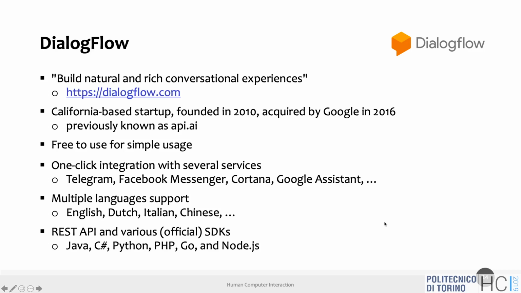So you can create your conversational assistant and then with just one click have it working in Telegram with basically no code or very limited code. And you can reuse that for Telegram, for Messenger, and so on. It has multiple language support: English, Dutch, Italian also, Chinese, and so on.